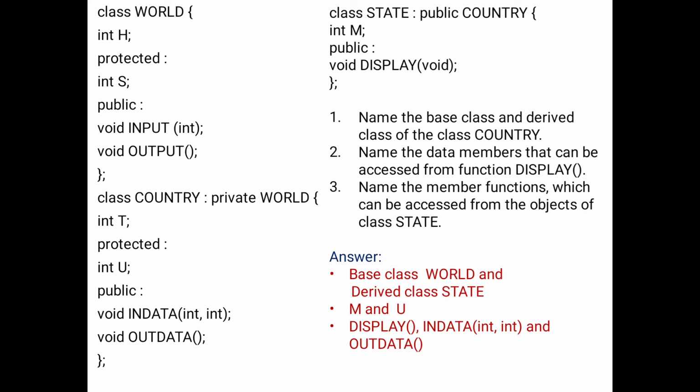So try to type this program and check it out. Include the main function and then try to change the question. Instead of name the base class and derived class of the class country, you can also write, name the base class of the class state, or name the data members that can be accessed from the functions in data, out data.